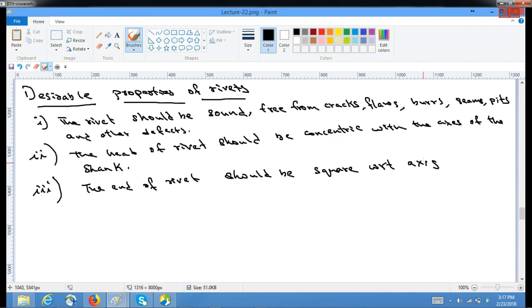So these are some of the things, and for the relationship between the length and the thickness of the plate, a certain criterion is there.